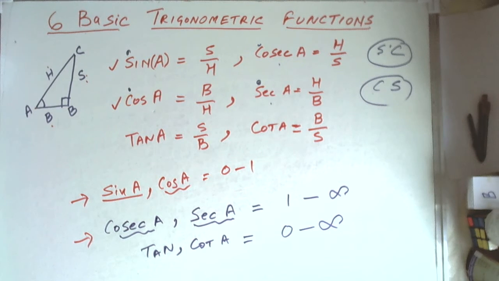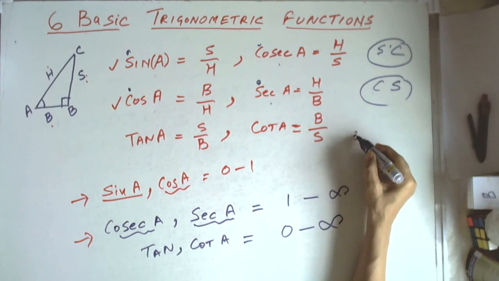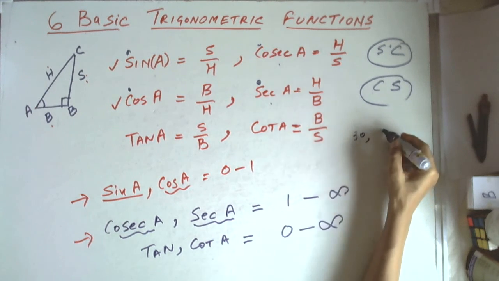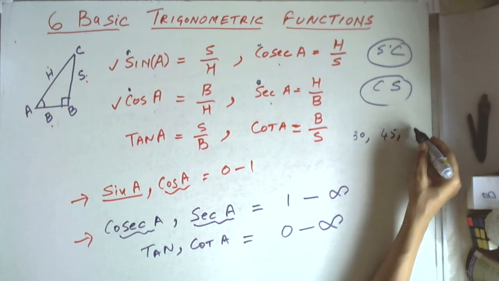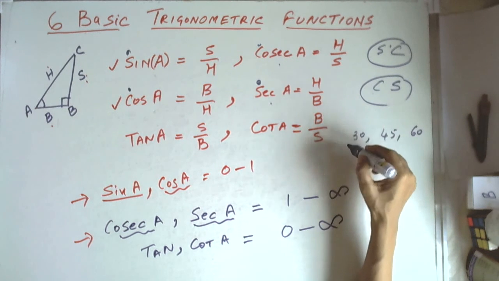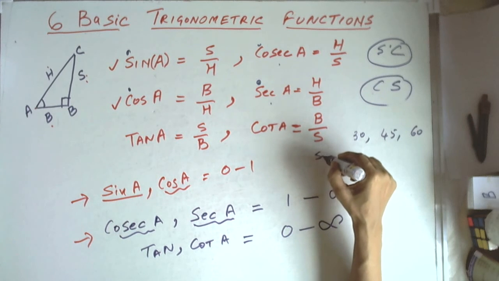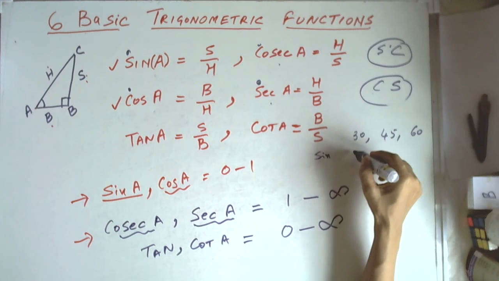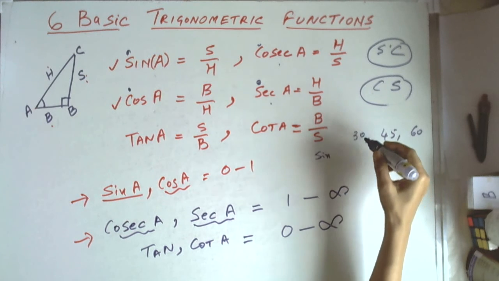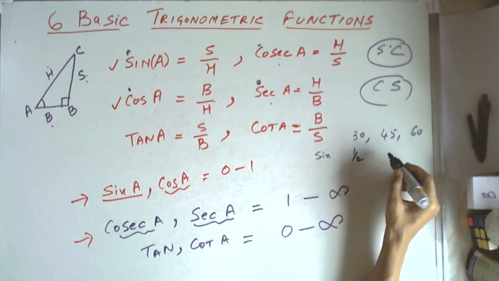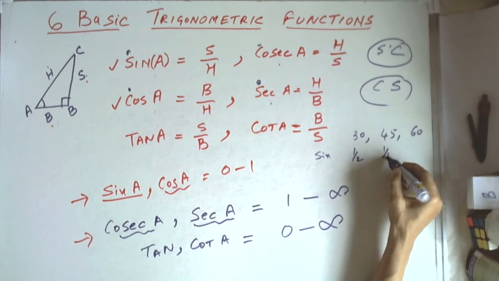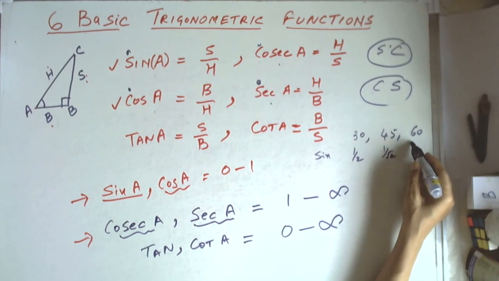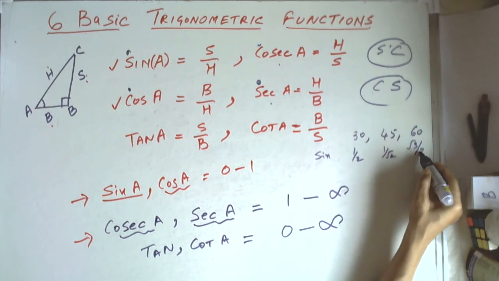Then, for all the trigonometric functions, we need to remember the important values, which are for 30 degrees, 45 degrees and 60 degrees. These values we must remember. So sine for 30 degrees is 1 by 2, 45 degrees is 1 by under root 2, and this is under root 3 by 2.